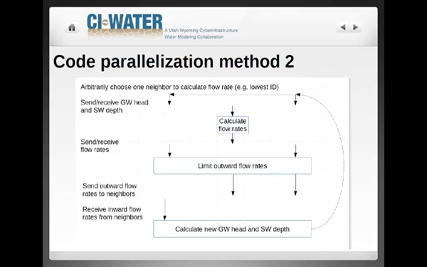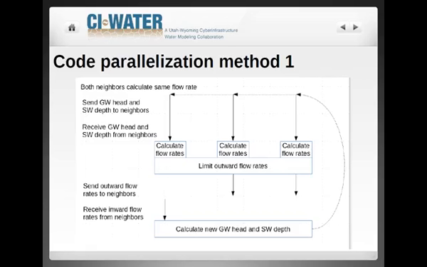There's a potential race condition that could exist there, but the way that this is set up, if a flow rate is limited, a message is sent over, and if that message arrives after the other neighbor calculated its flow rate, it would supersede it before updating its system head and surface water and groundwater state variables. But the thing is, you're calculating all the fluxes across all the boundaries twice in this method.